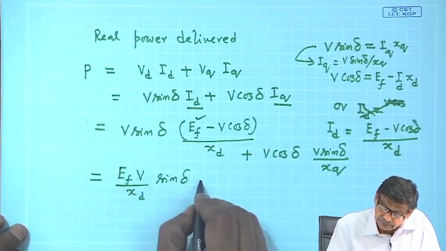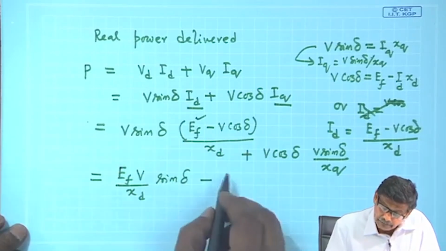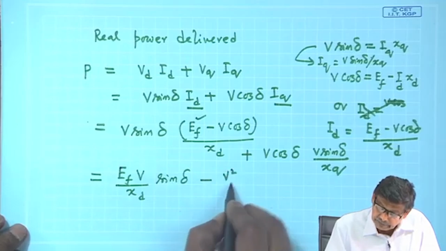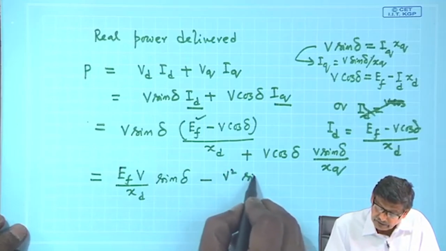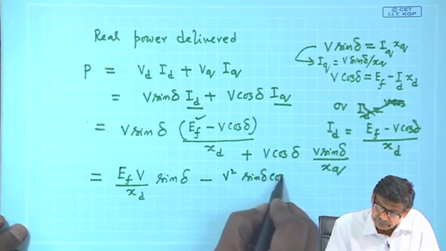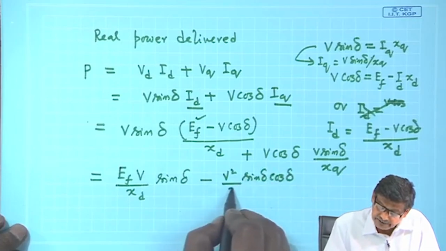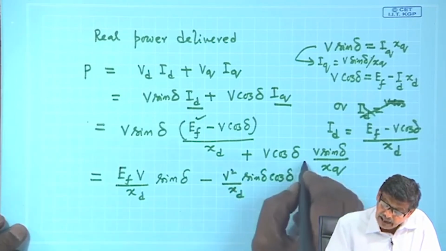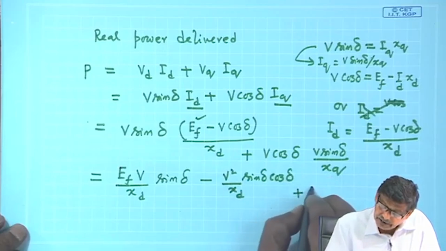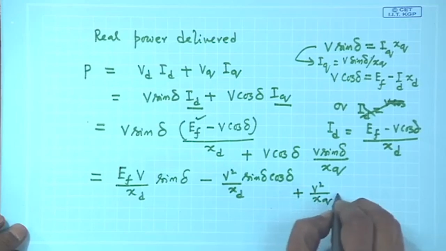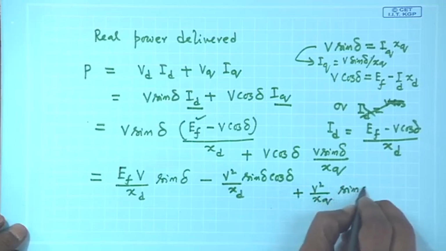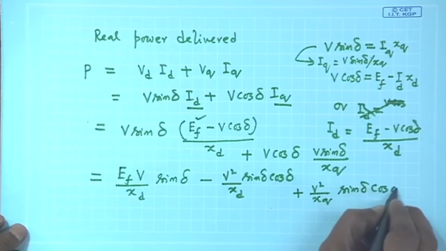Then the second term from this fellow will be V square sin delta cos delta by XD, and this term will be simply V square by XQ, once again sin delta cos delta, it will be like this.